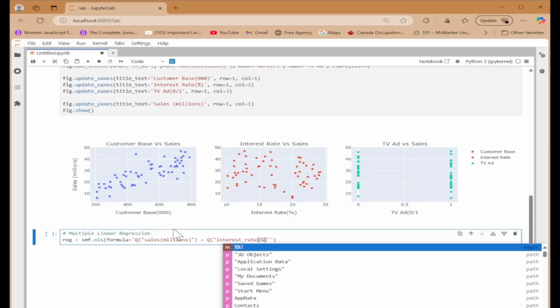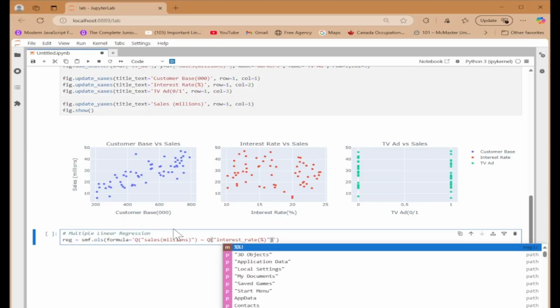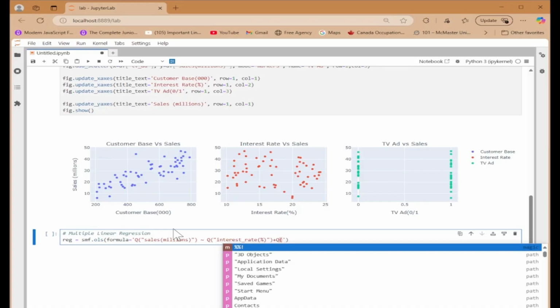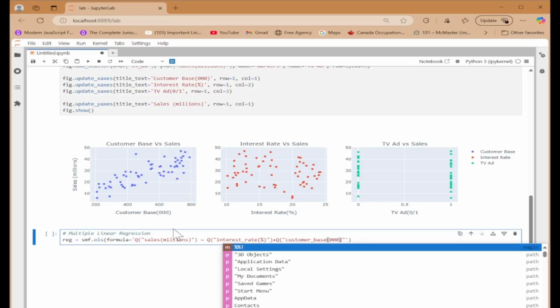Close it. And plus, what is the next? Customer base, right? Q customer base in thousands. Let's close that.